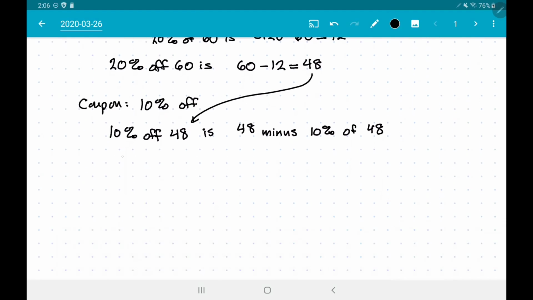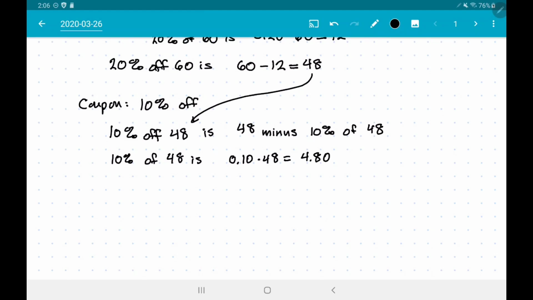As before, I'm going to do this by subtraction. So 10% of 48 is, convert the 10% to 0.10 and multiply by 48 to get $4.80.